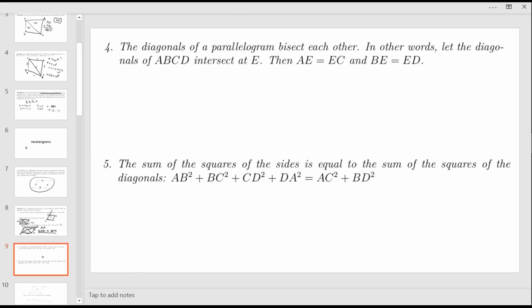The fourth property is that the diagonals of a parallelogram bisect each other. So here we'll use ASA congruence again.